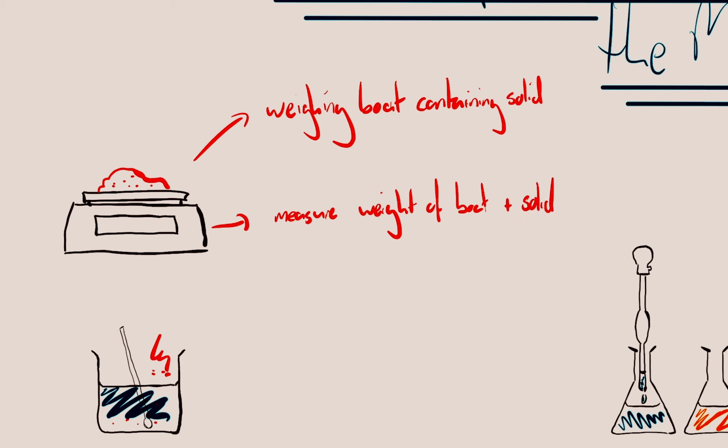And it's important here that we know that our balance has like 2 decimal places reading on it. So it's pretty precise, okay?